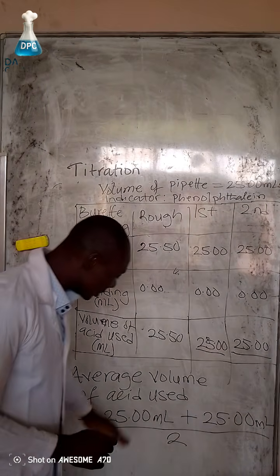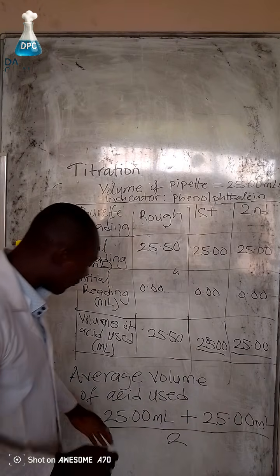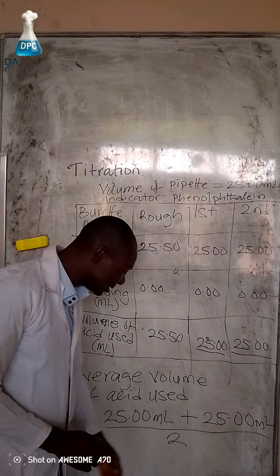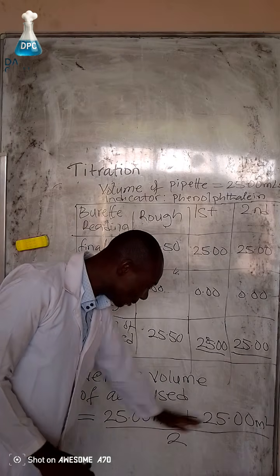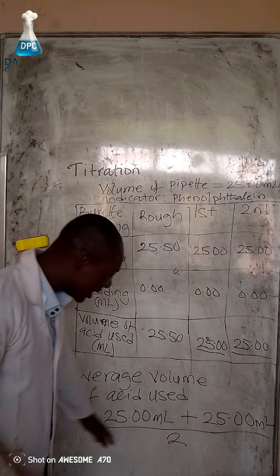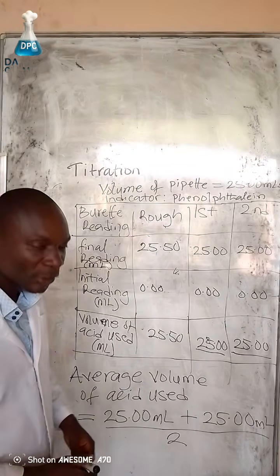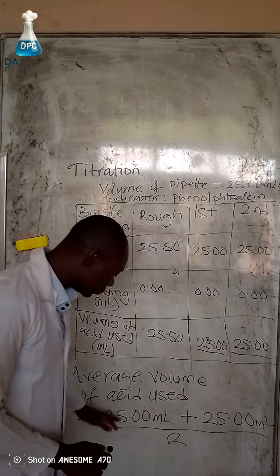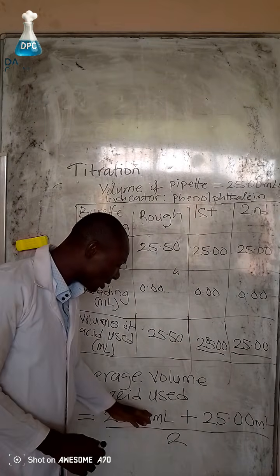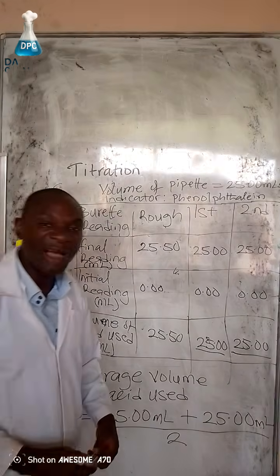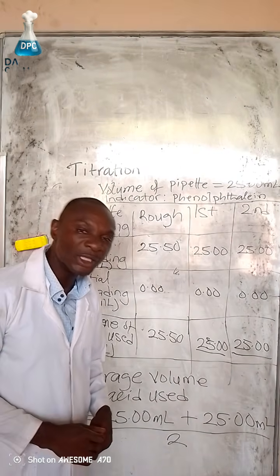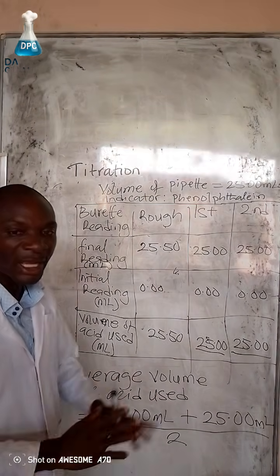So now, this is the average volume of acid used. You are expected to sum these two values and divide by 2. If we do that, 25.00 ml plus 25.00 ml divided by 2, the average value is going to be 25.00 ml.